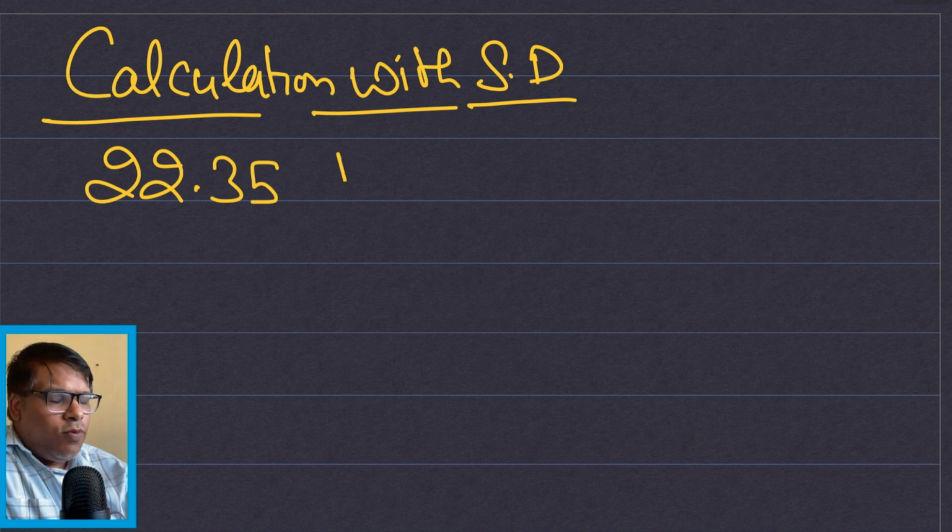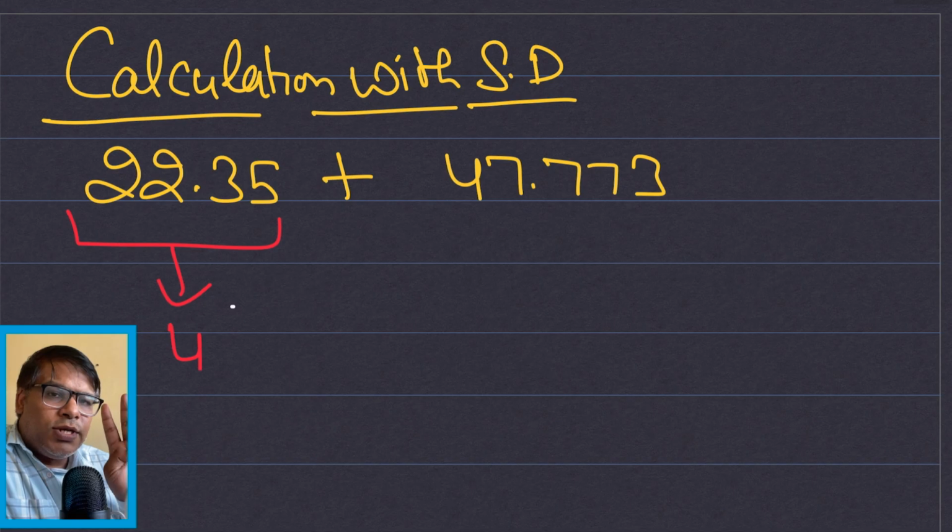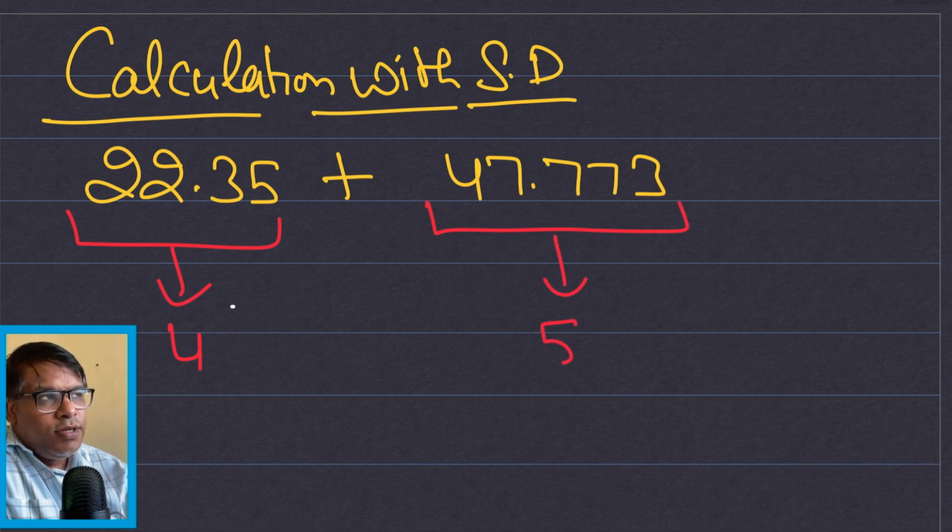If you want to add 22.35 to the number 47.773, you want to sum. Try to see here: 22.35 has 4 significant digits. Now 47.773 has 5 significant digits.